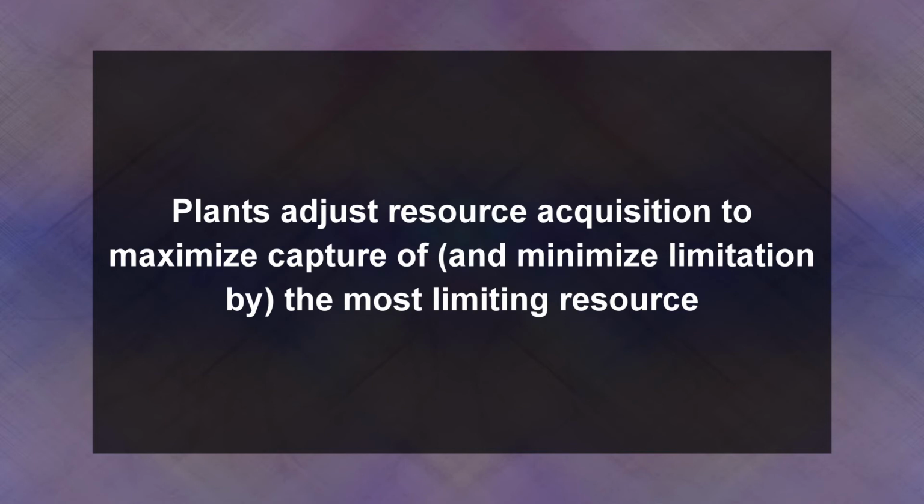Plants adjust resource acquisition to maximize capture of and minimize limitation by the most limiting resource. As I have already discussed earlier, plants adjust allocation of new production to roots versus shoots to minimize limitation by below ground versus above ground resources respectively.